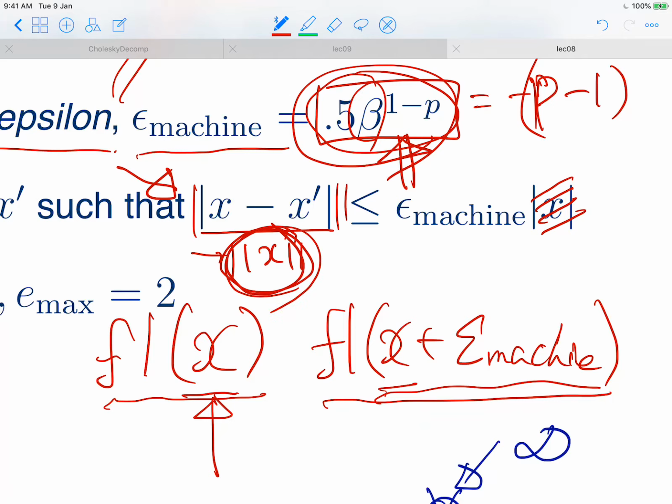Given the magnitude of this original value, we take the relative ratio between these two. If that becomes smaller than this value, then we cannot differentiate between these two numbers, right?